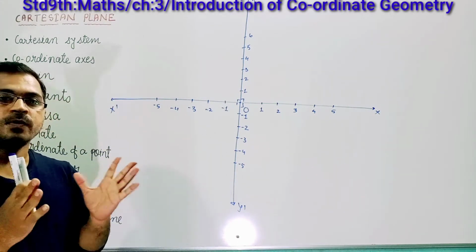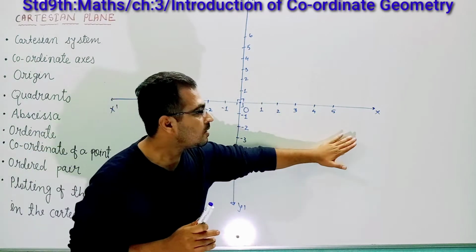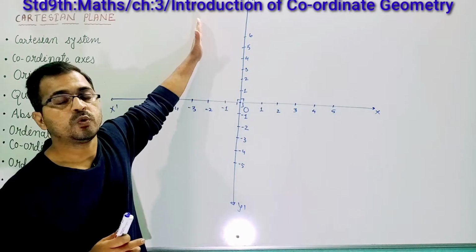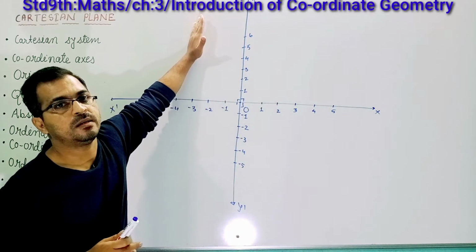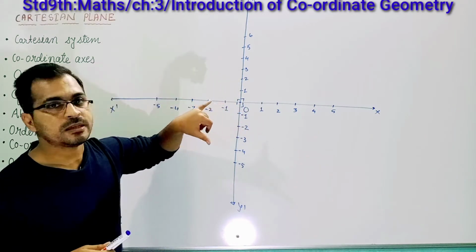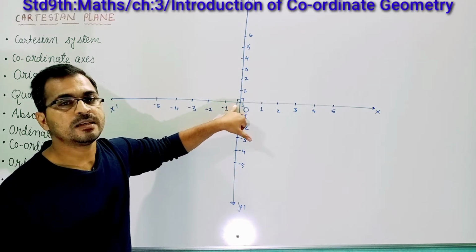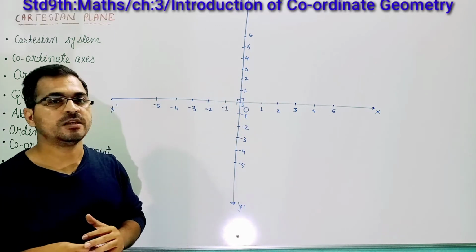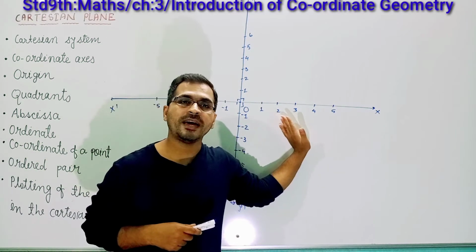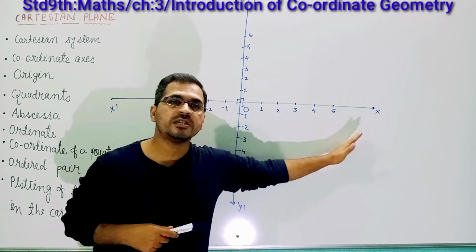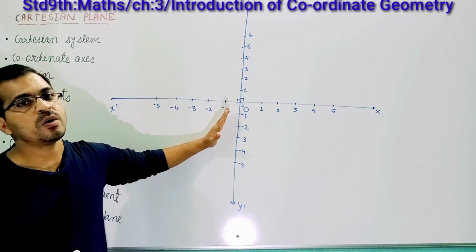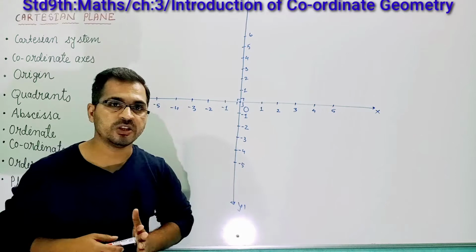A system which is formed by two axes, x and y, where these lines intersect is known as the origin. To the right of the origin on the x-axis there are positive integers, and to the left from the origin negative integers.